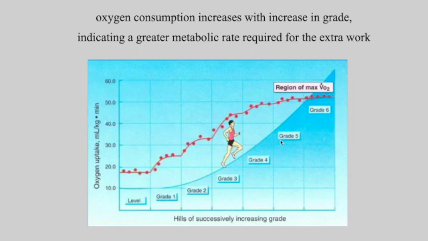From grade 5 to grade 6 the speed is changed; maybe you add the extra speed and a little bit of elevation on your treadmill. So the workload is increased, but the oxygen consumption stays the same. That's where the individual has reached his or her maximum rate of oxygen consumption, or VO2 max.